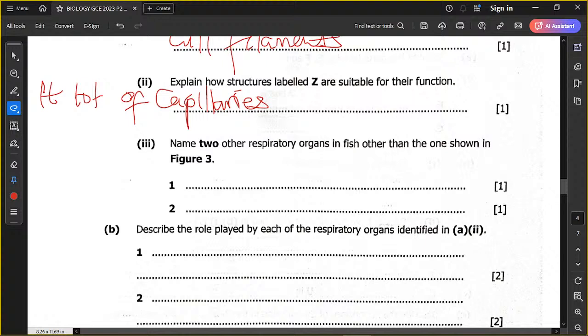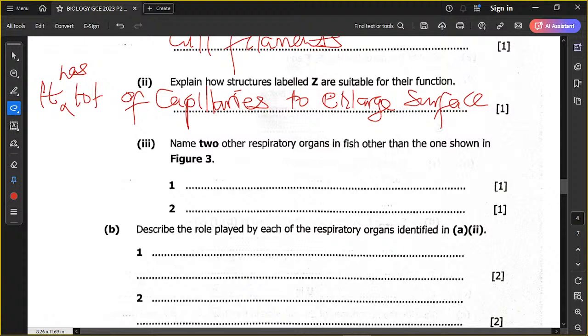So it has a lot of capillaries to increase, to enlarge the surface area, or to make the surface area big.